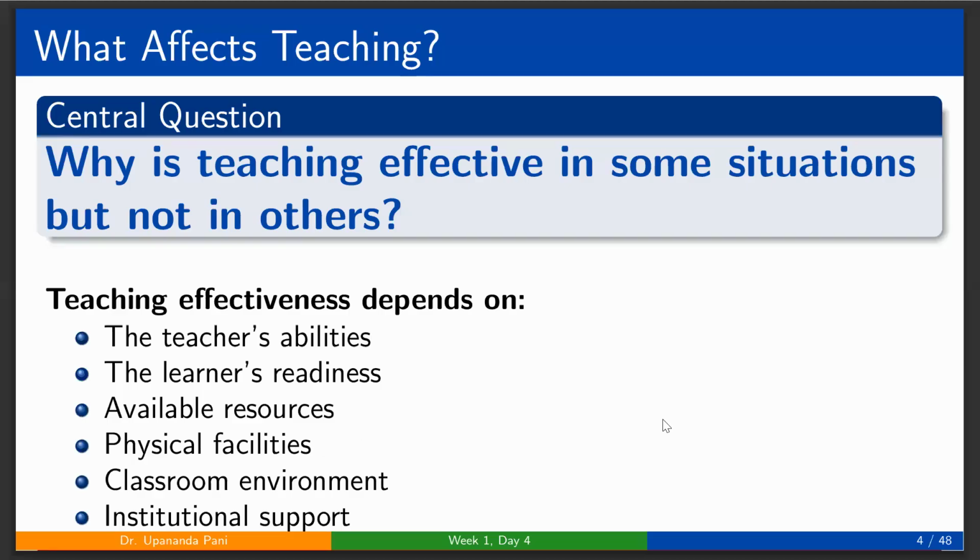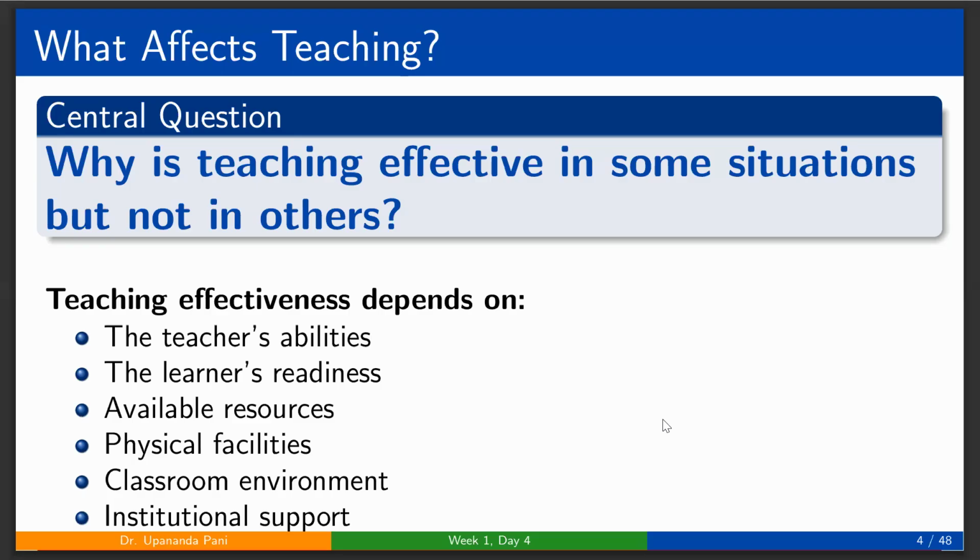So let's start. What affects teaching? What is the most important question over here? Why is teaching effective in some situations but not in others? As a teacher, this question is very important because we all have experienced that sometimes teaching is effective, sometimes it is not.